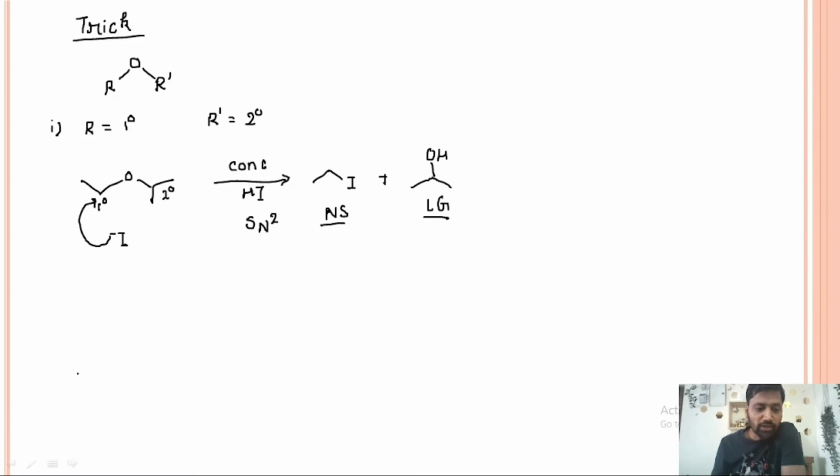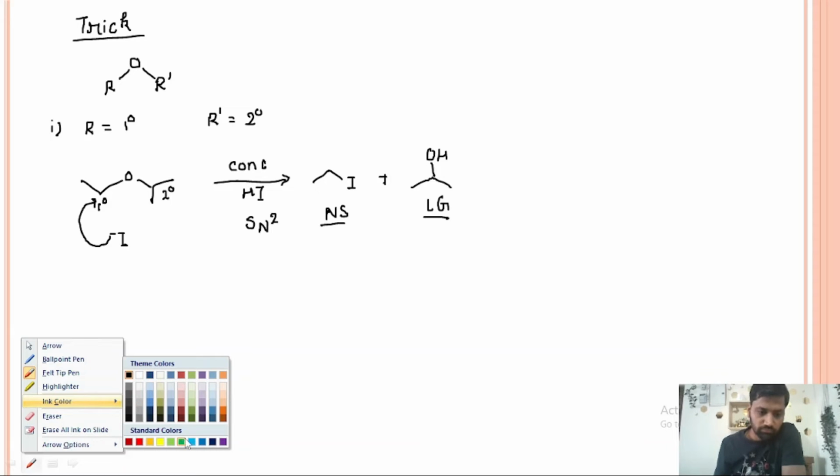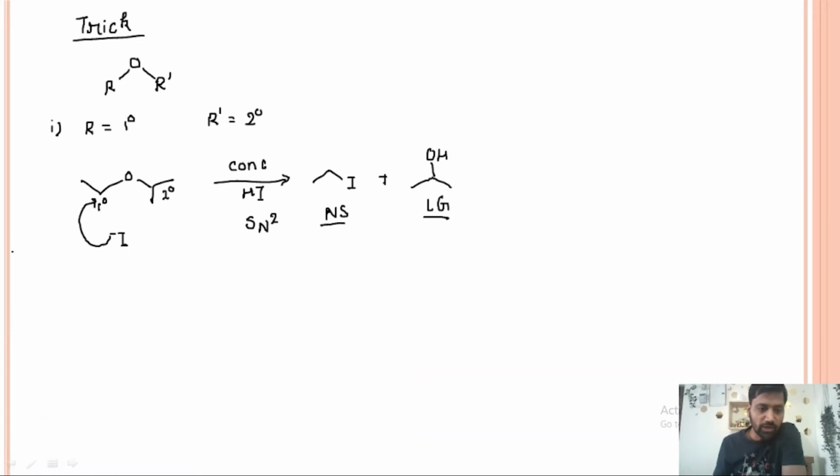Let us take another case in which I have a secondary carbon and another tertiary carbon. Second case, in which R is tertiary carbon and R prime is again secondary carbon. Let us take the case of tertiary butyl isopropyl ether, and again I am going to react it with concentrated HI.